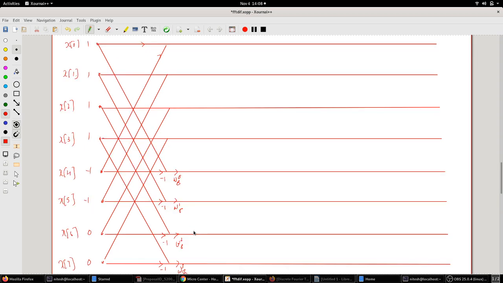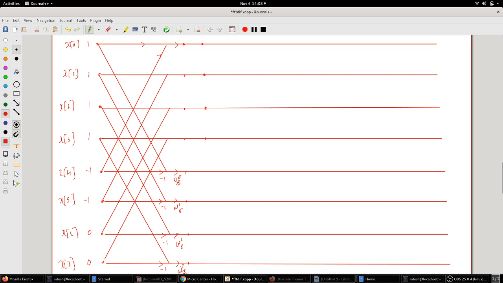Now we will be calculating these values for this 8-point method. Then let's do the calculations later on. Let's draw the structure first. So now I need one more extension here for temporary values.